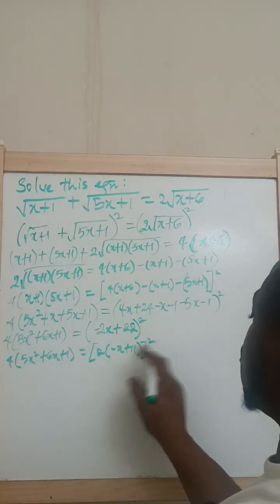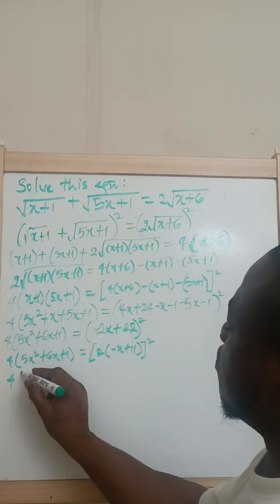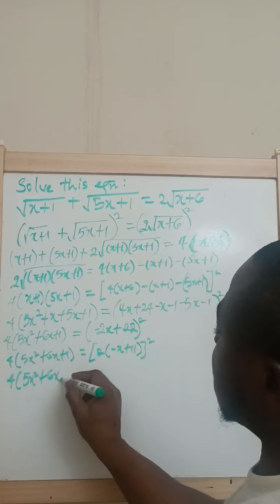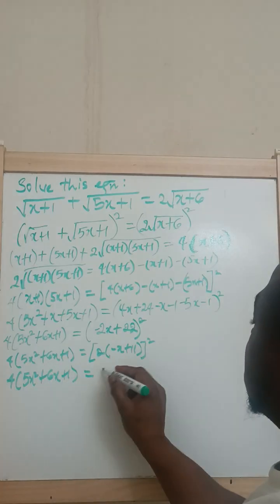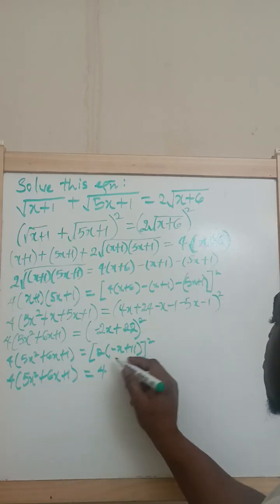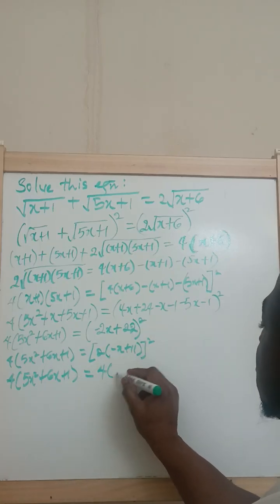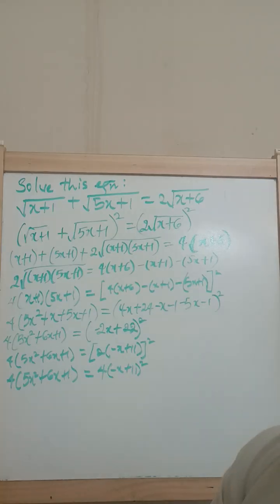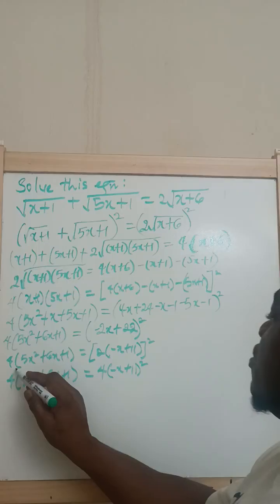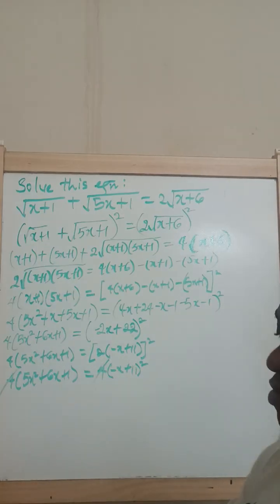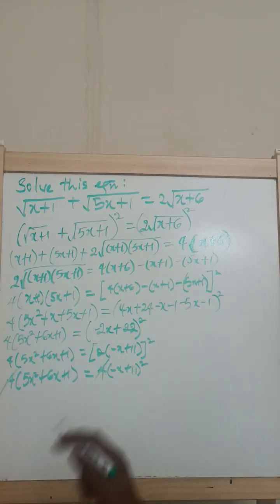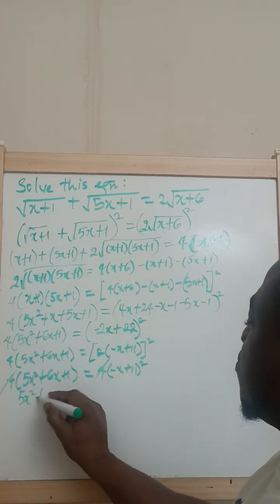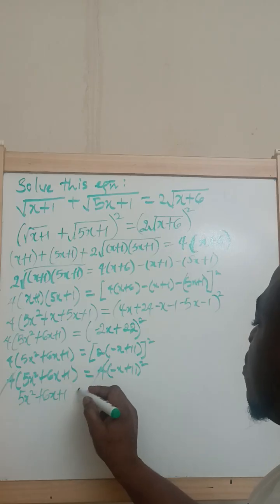So if we now square this, it's going to be 4 into 5x squared plus 6x plus 1. This is going to be 4, while this is going to be minus x plus 11 squared. Are we on the same page? And if we expand this, it's going to be 5x squared plus 6x plus 1.